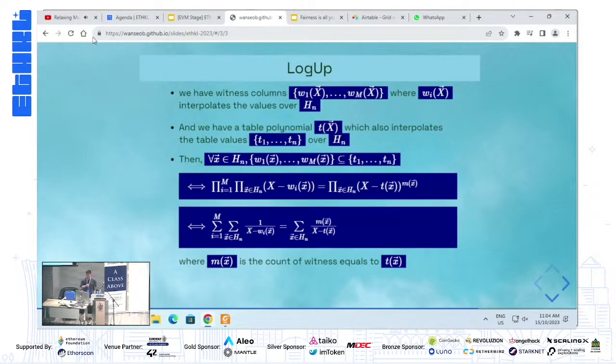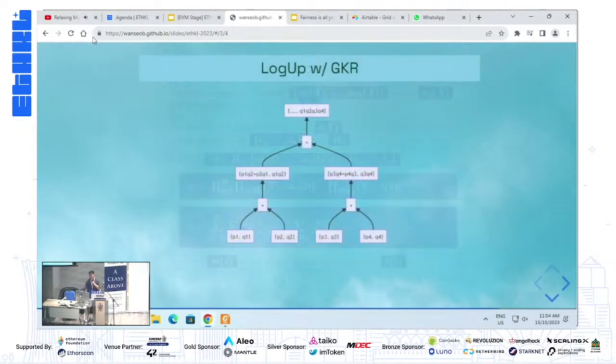This is what I explained, that lookup transformed the grand product into the summation of the rational polynomials, and GKR expressed the rational polynomial in the form of polynomial identities.